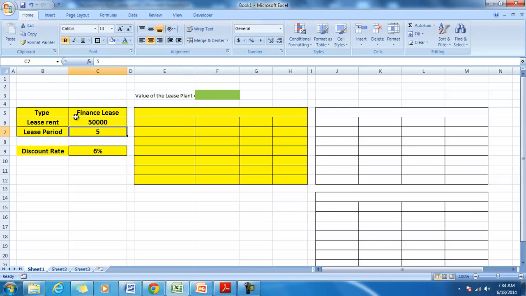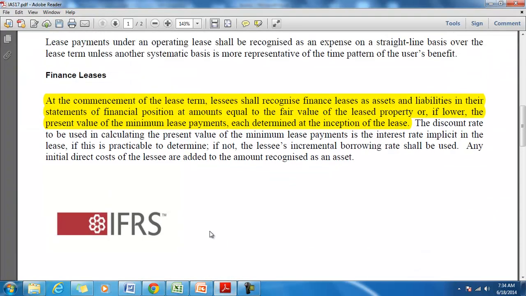Since we are calling it a finance lease, the accounting standard says the lessee shall recognize an asset on the balance sheet at the time of taking the lease, and that asset and the corresponding liability are shown at the fair value or the present value of the lease payments, whichever is lower.